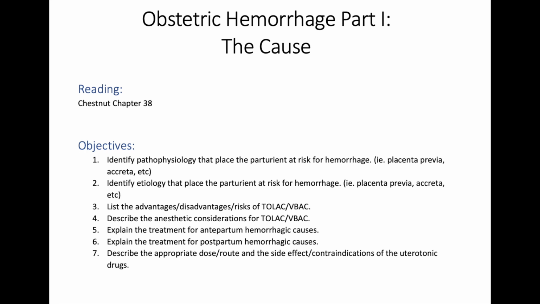So it can actually attach to the bladder, which, as you can imagine, would be a really severe situation. So anesthetic management. Well, obviously you need to be ready for massive hemorrhage. You want to make sure you have large bore IVs, type and cross match, potentially cell saver.